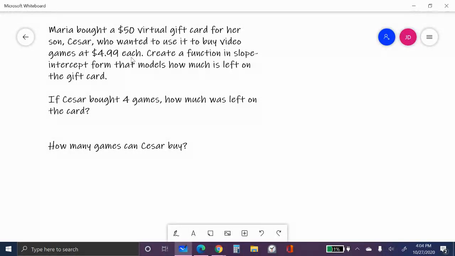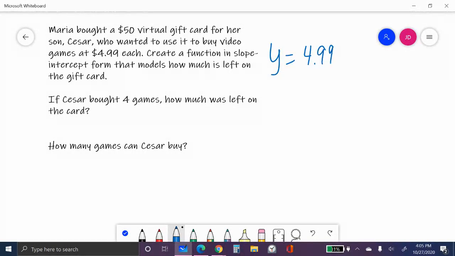You have a gift card, and if you're buying games off of it, you have to be careful with the rate, because the rate then, instead of being $4.99x, it's going to be negative because the money on that gift card is going down. So negative 4.99x. And the startup, how much it costs to start is $50. That's how much money is on the card.